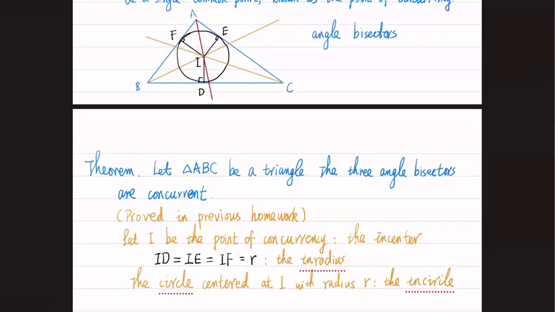So for any triangle, there's a circle inside the triangle, tangent to all three sides.